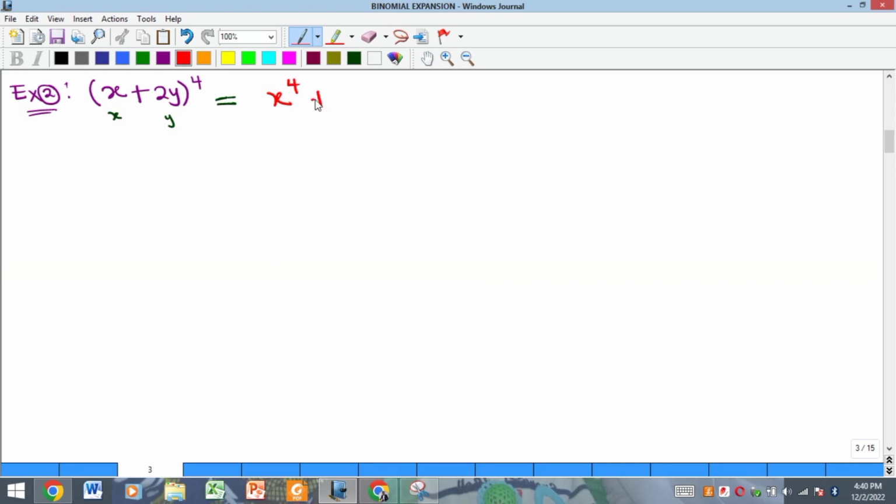And then the second term is my x to power 3 multiplied by my y to the power 1. And then my third term is x to the power 2 multiplied by my 2y, which is my y to the power 2. Then plus, remember, because the power is 4 here, we're expecting 5 terms.